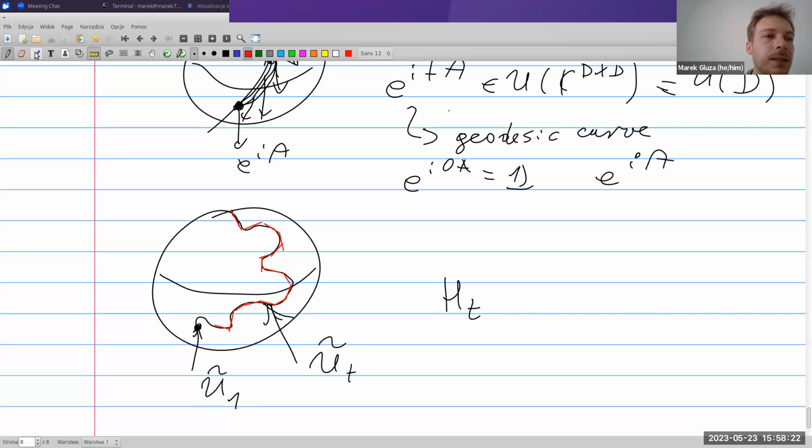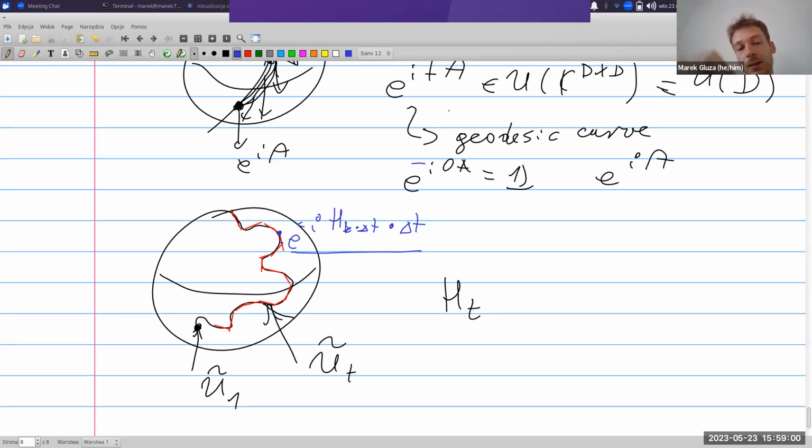Basically each fragment here is e to the minus i H_k times delta t, with a minus maybe. And so you see, whenever I fix the interval and the duration is delta t, this means that for the duration delta t, starting from this point in that manifold, I consider a geodesic going in that direction for delta t.